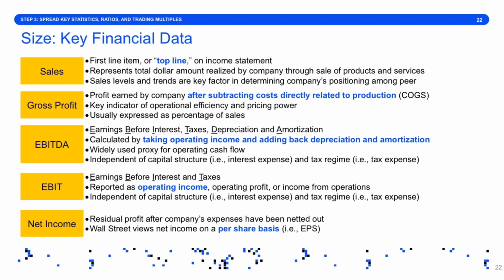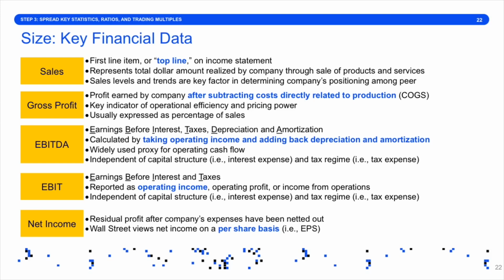Does it make sense? So the idea is, if my target company has a different tax regime or a different cost of debt, again, you can make the example, for some reason, my company has a very low cost of debt or a very high cost of debt, much different from the comparables, then net income is not a good measure. I need to use EBIT.